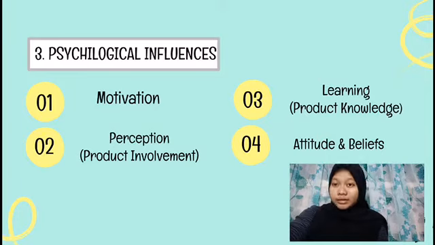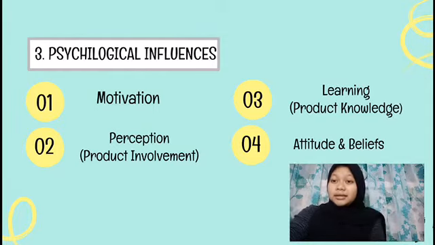Motivation. Motivation is measured by the Maslow hierarchy, which includes self-actualization needs, esteem needs, social needs, safety needs, and physiological needs. This is because when a person is motivated enough, it influences the buying behavior of the person. Hence, basic needs and security needs have the power to motivate a consumer to buy products and services.